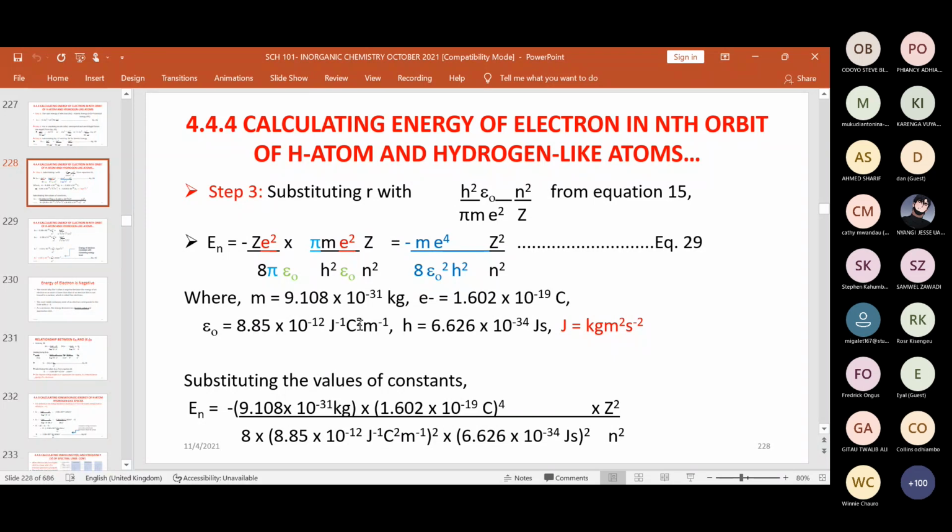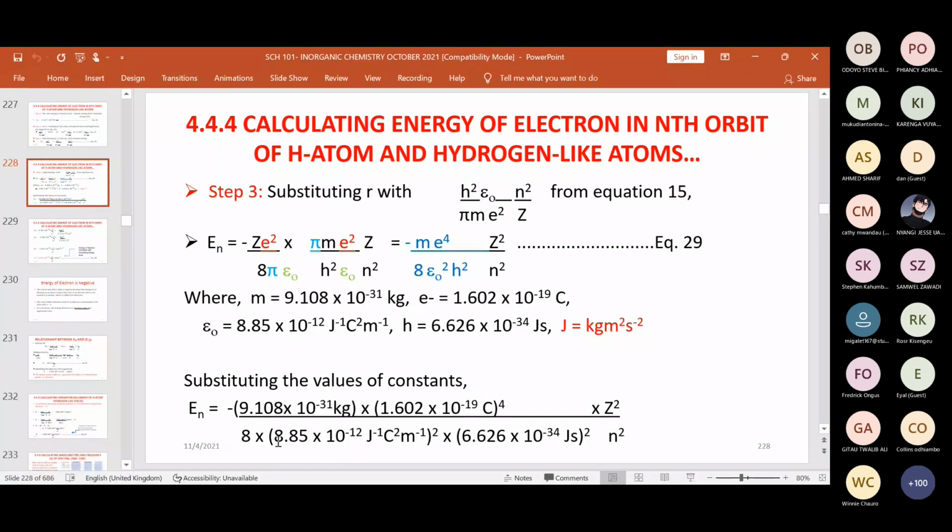So we substitute the value of m, the mass of the electron, the electronic charge, which is 1.602 times 10 raised to minus 19 coulombs. Remember that you put the value of the constant together with the symbol inside the bracket, then you apply the power. Divide by 8 times permittivity squared.